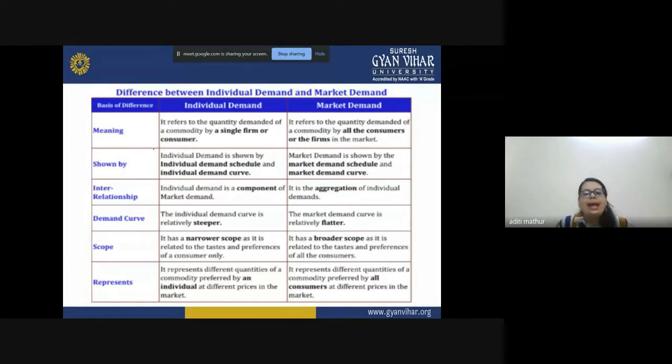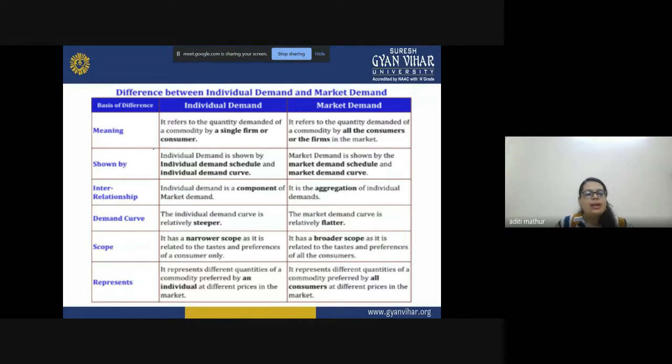Individual demand has a narrow scope as it is related to the taste and preferences of a single customer only, whereas market demand is a broader concept as it is related to the taste and preferences of all the customers prevailing in the market.